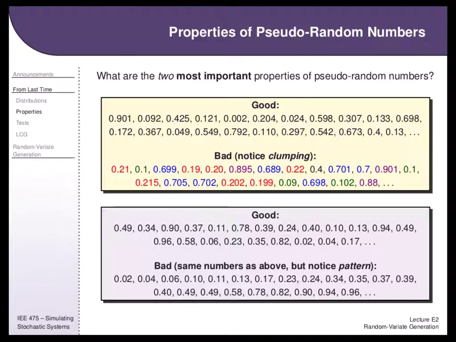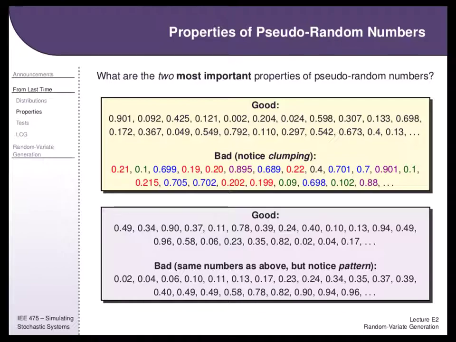So there's no independence. Knowing one number restricts the range of values for the next number. It's almost like you notice a pattern in your numbers, that's when it's bad. That's right. Any pattern, you never want a pattern of any sort in uniformly distributed random numbers.